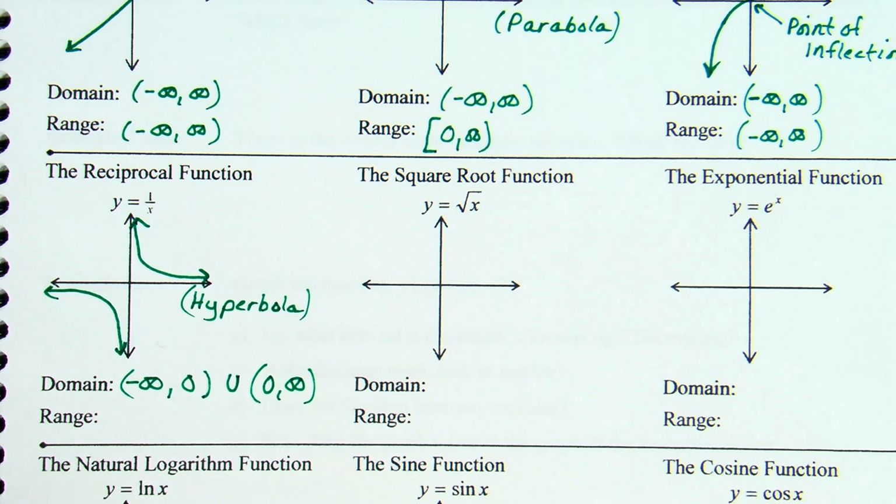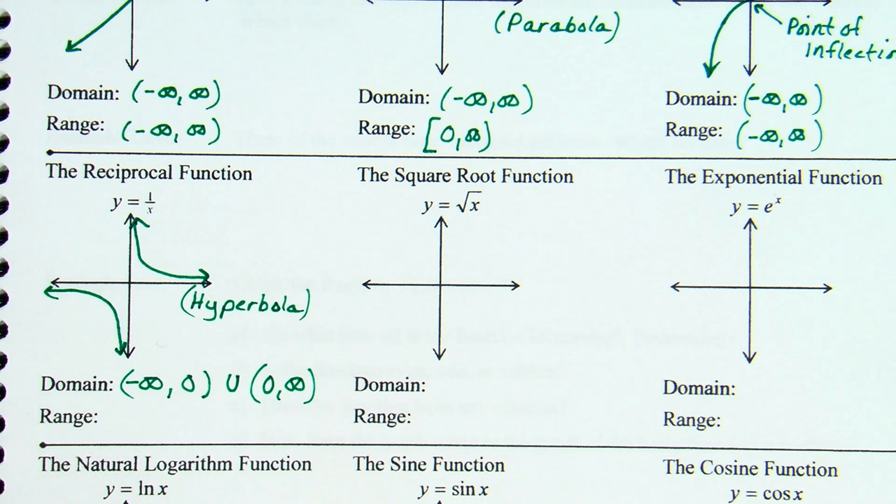Now, what about range? As we read bottom to top on this graph, my graph is obviously going down to negative infinity. But what's happening? As it gets towards this x-axis, it's going off to the left. And what y value is it never going to include? That same old 0.